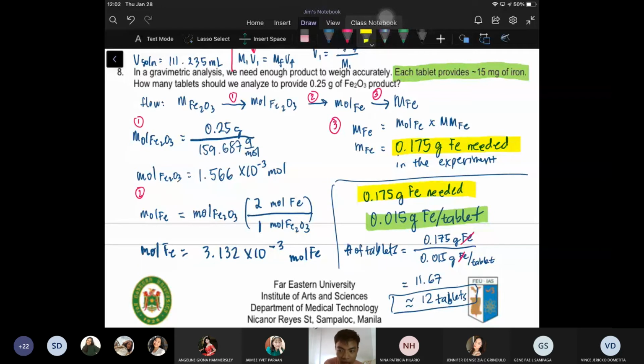Tignan ko kung kaya ko pa mabawasan yung questions and yung problem solving. Pero kapag di ko na kaya mabawasan, edi marami talagang problem solving. Pero as pampalubag loob, bibigyan ko kayo ng more time to accomplish the quiz. Siguro okay na yung 1.5 hour.